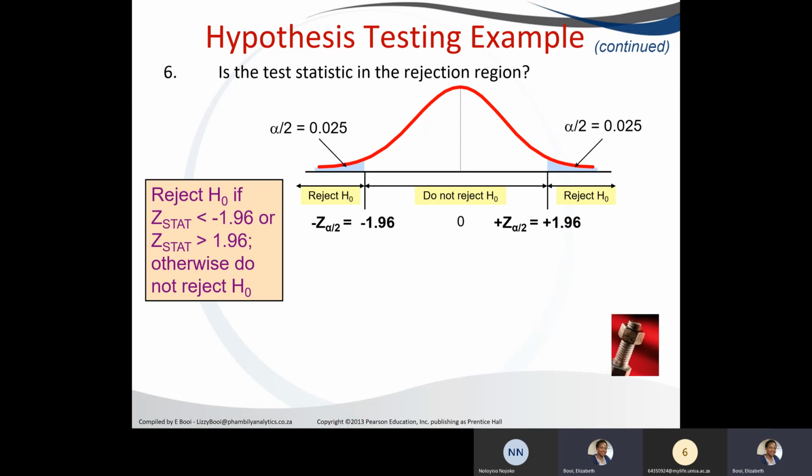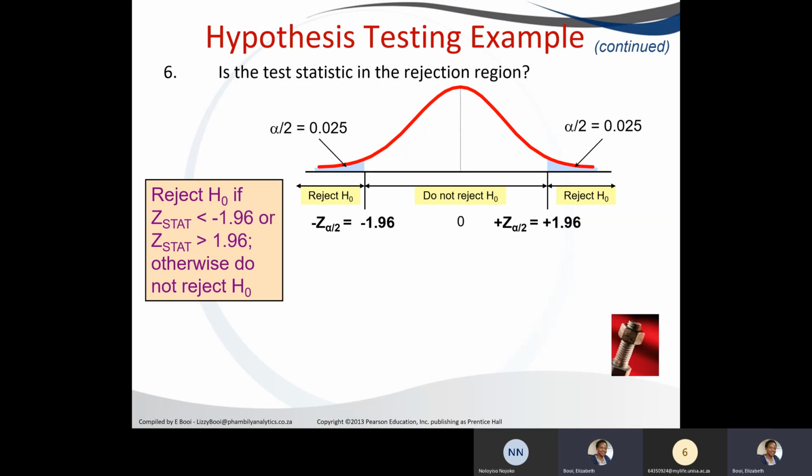Alternatively, if you don't want to use a graph like this, you can use the decision rule, which states that we reject the null hypothesis if the Z test is less than minus 1.96 or if the Z test is greater than 1.96. If you remember that, you don't have to draw the graph. For a two-tailed test, you have two regions of rejection.